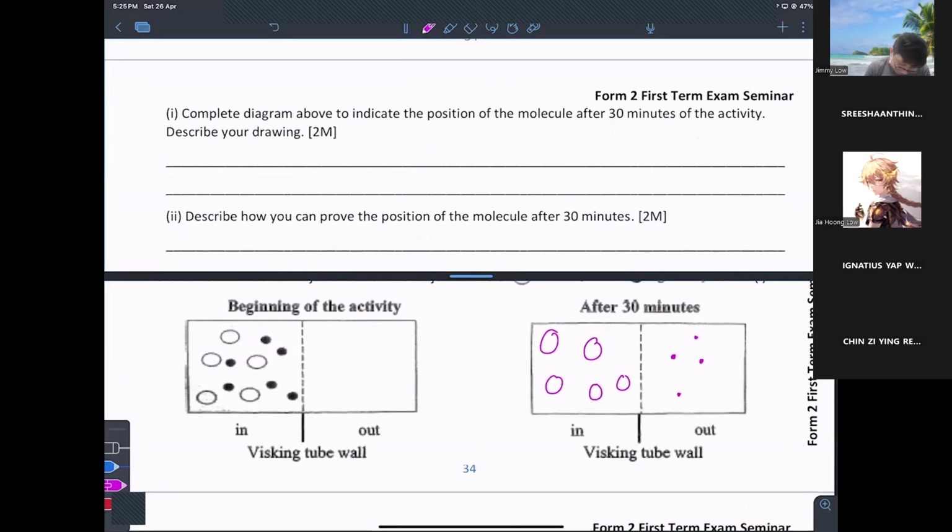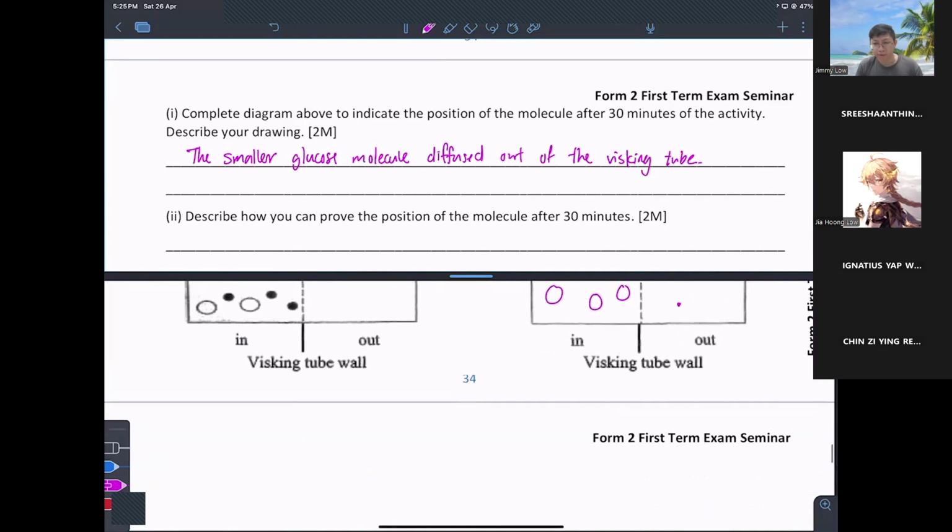So you say the smaller glucose molecule diffuses out of the whisking tube. Okay, that's all. No need to mention a lot of words here.